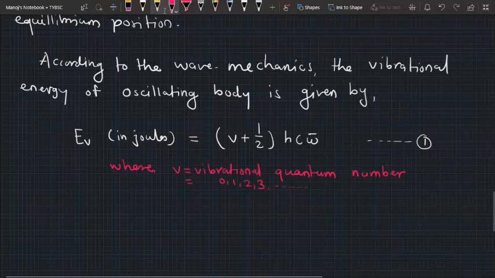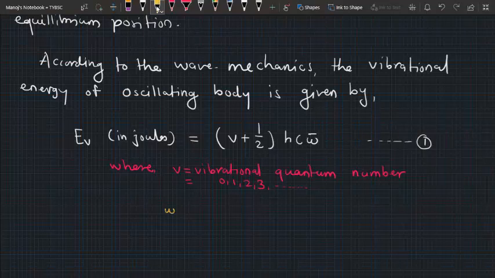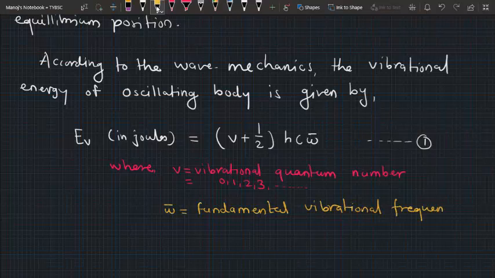Okay, next, omega bar is equal to the fundamental vibrational frequency, in centimeter inverse, which we can write as omega upon c.